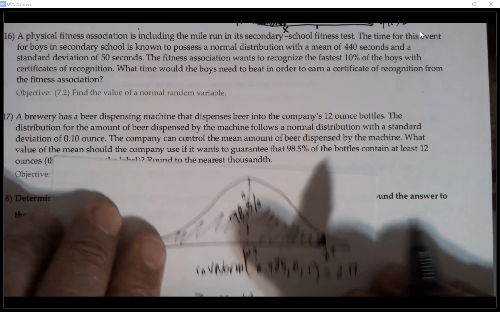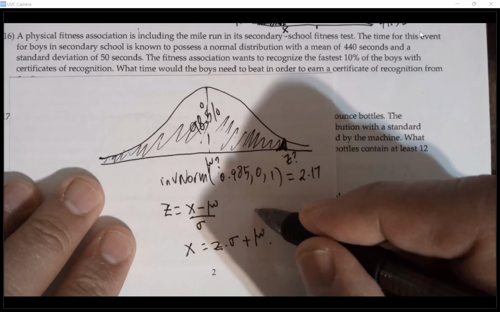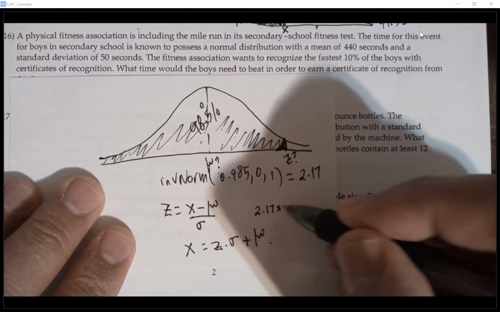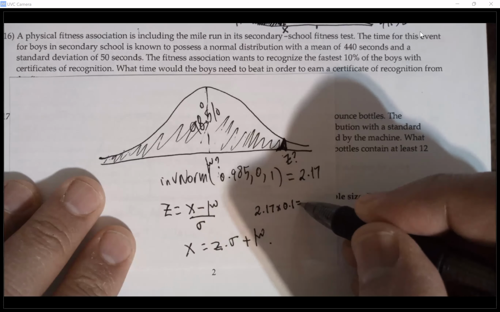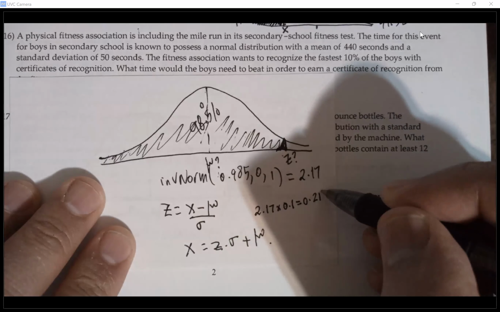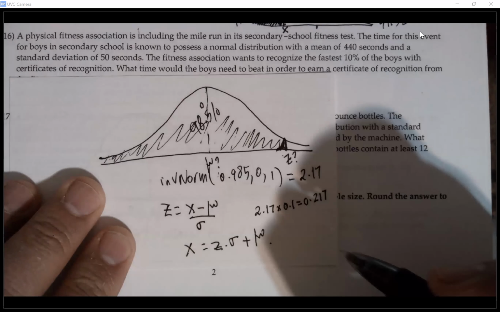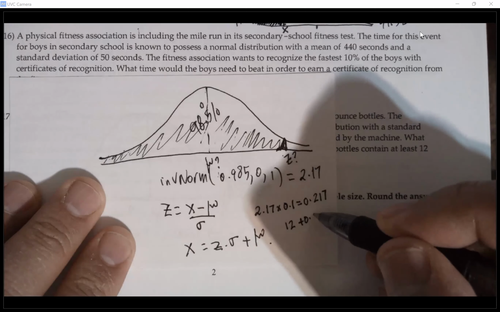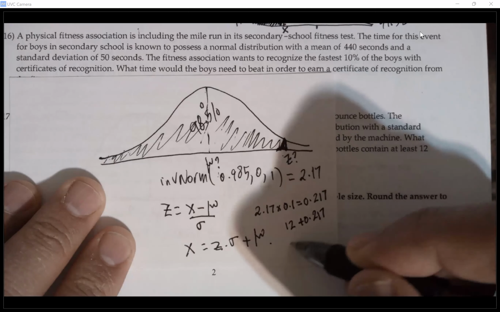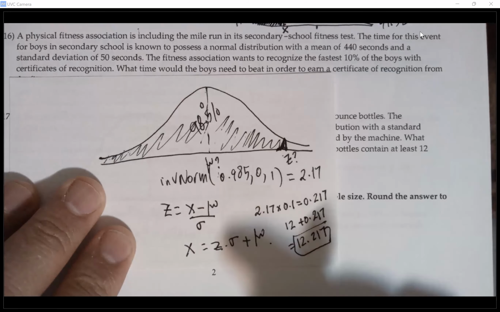If you take Z, which is 2.17, and multiply it by the standard deviation, which is 0.1, that should give you what? 0.217. And if you add 12 to it, which he says at least 12, so it's 12 plus 0.217, that should give me 12.217, and that's the value that we are looking for.